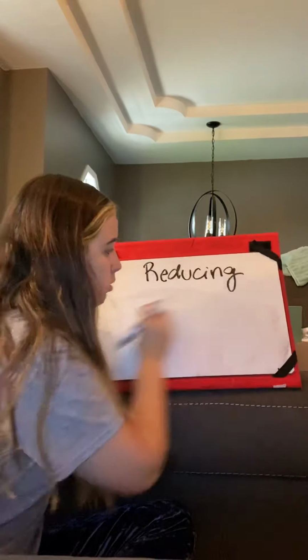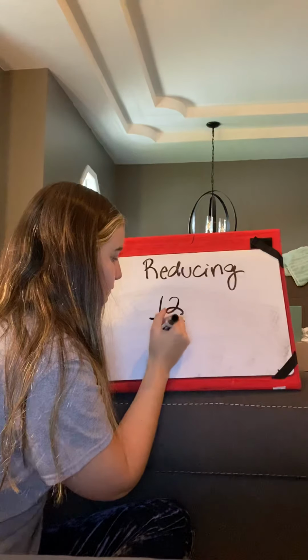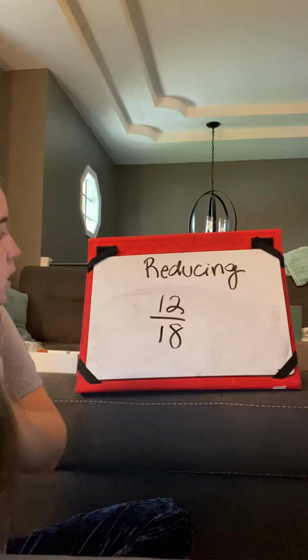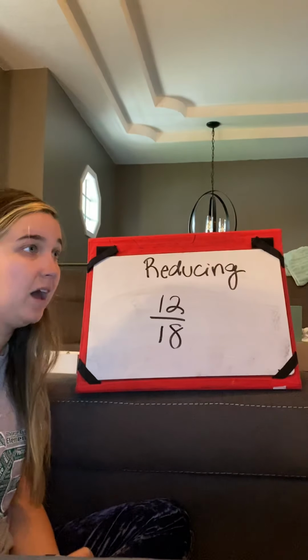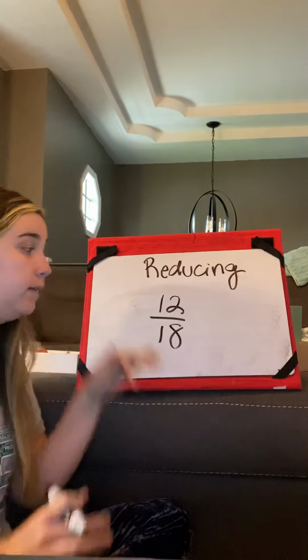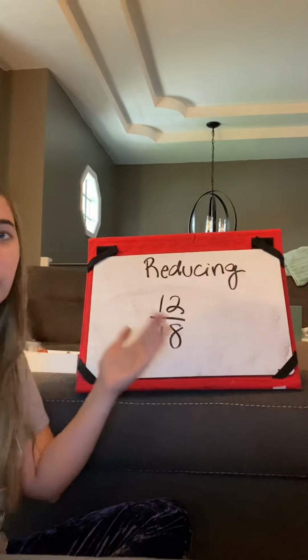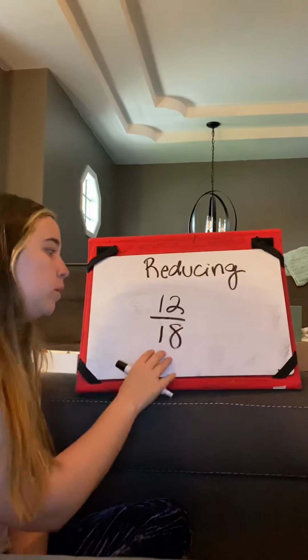So let's look at another reducing. Let's say I've got 12/18ths. Okay, so when I'm looking at this right away, I need to come up with ways that I can divide 12 and see if they work for 18. Or you can start with 18 and see if it works for 12. But remember, whatever you do to the bottom, you must do to the top. So what I'm going to do is start with 18.